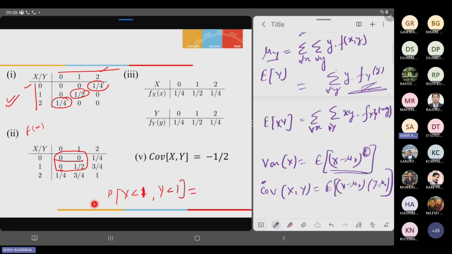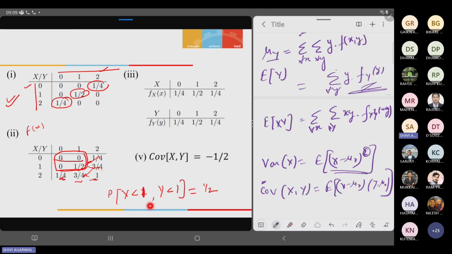So we have to add these parts. It is 0, 0, 1 by 4, 0, 1 by 4, 1 by 2, and then adding, it becomes 3 by 4. When we take 1 by 4, 3 by 4 comes from this, and the total is 1.